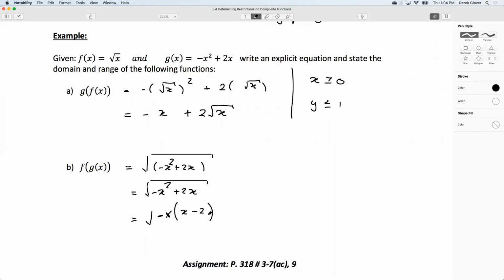So it looks to me like x cannot be equal to 2, because that's going to give us problems. However, we've got this negative x here, and that's going to make things tricky, because any positive value of x is going to turn this into a negative. We can solve this by hand, but it's going to be a little bit tricky. It might be easier to graph this one. Technically, we could find a range of values where we get a negative out of the brackets, and a negative out of here, and that will multiply together to create a positive.